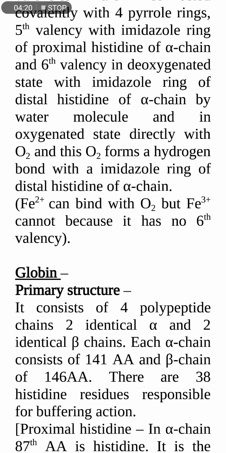In globin, the primary structure consists of 4 polypeptide chains, 2 identical alpha chains and 2 identical beta chains. Each alpha chain is composed of 141 amino acids and each beta chain is composed of 146 amino acids.